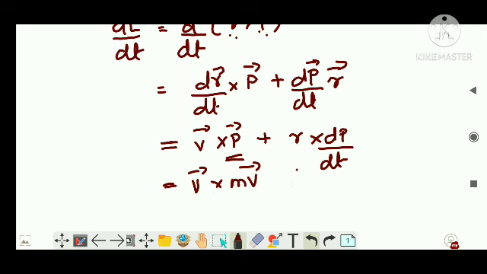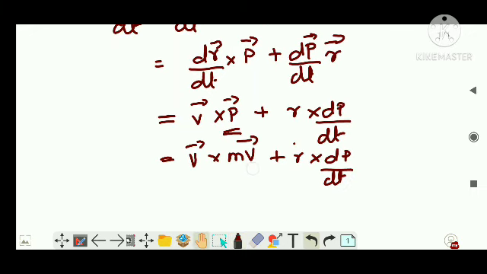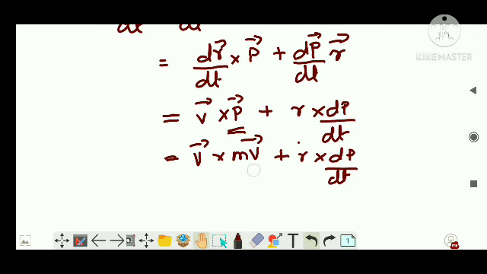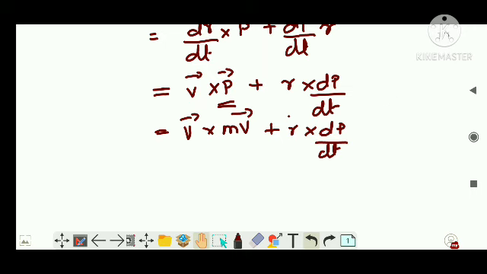So you have v cross mv, that is you are crossing two common terms. What is i cross i? 0. j cross j? 0. So when you multiply two common vectors like this, the cross product is 0, plus r cross dP by dt. This much clear?